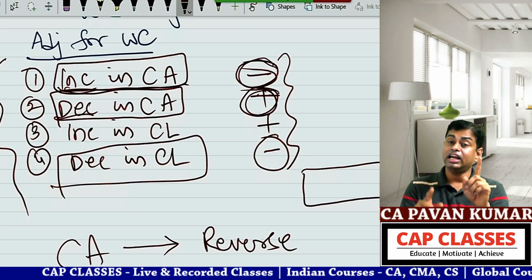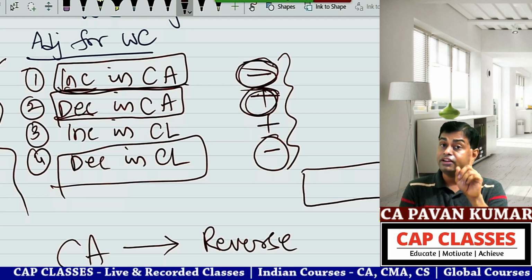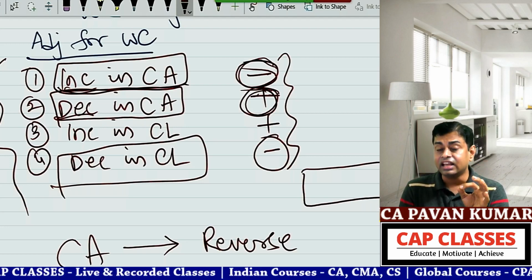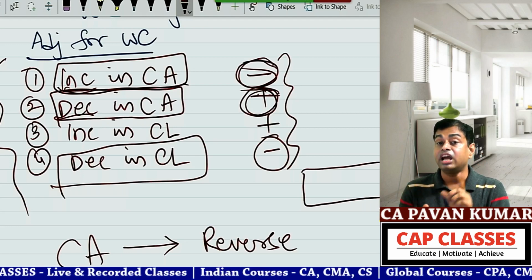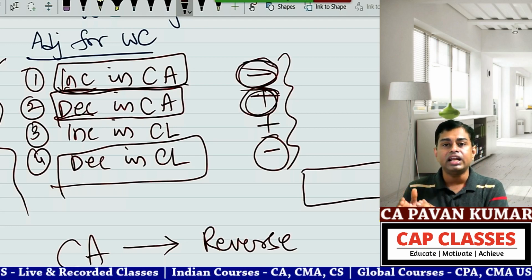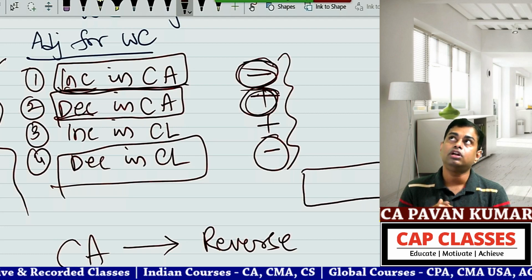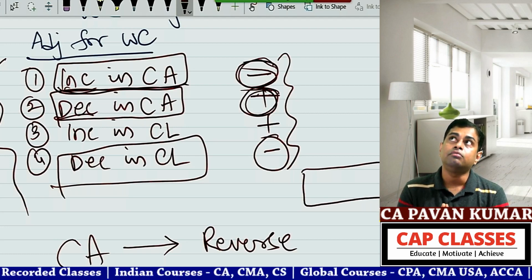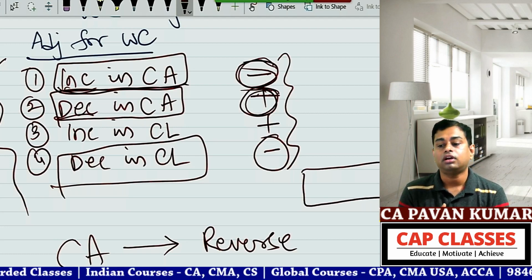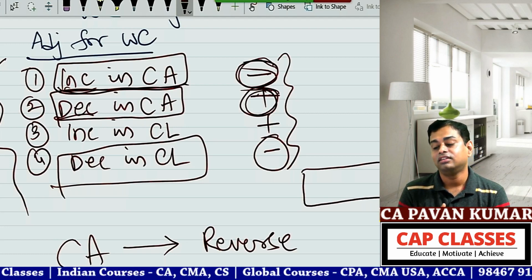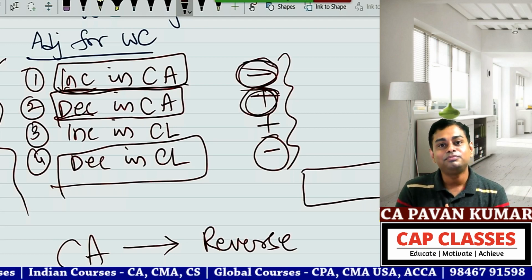Wait, hold on. If at all there is any extraordinary item, refer to Accounting Standard 5.